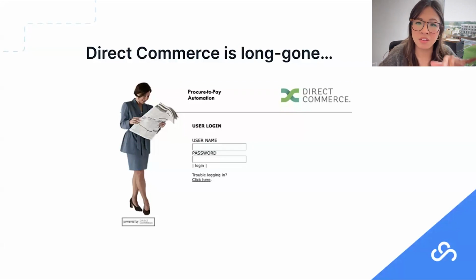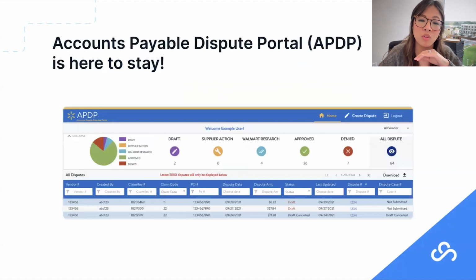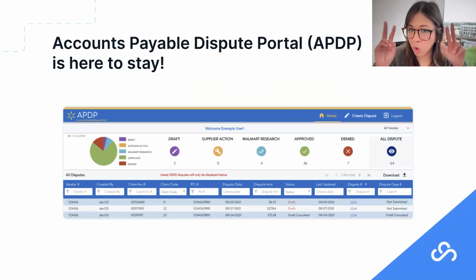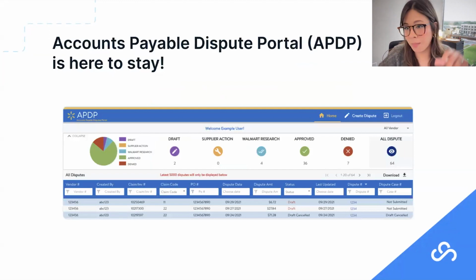They have since sunset that site and have now introduced their own portal called APDP. This is a purely Walmart homegrown solution. It's available in Retail Link, and today we will talk about how to access it, what it looks like, how to submit claims, how to track claims, and basically make sure that you are getting all of the money that you should be getting back done correctly.